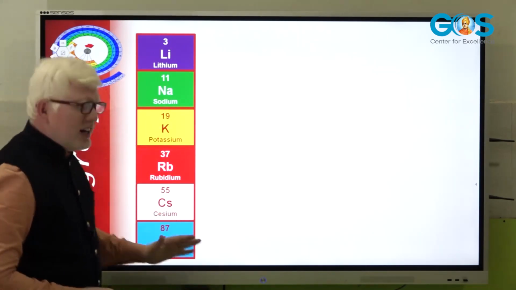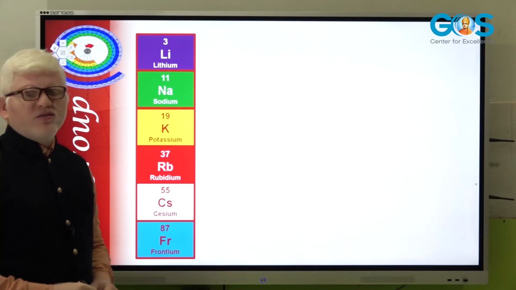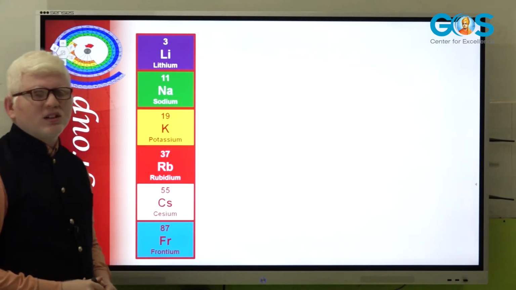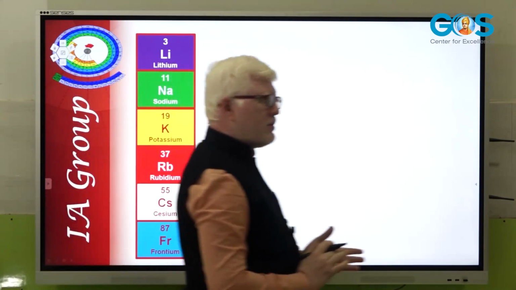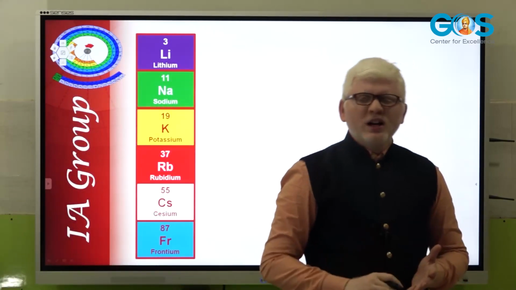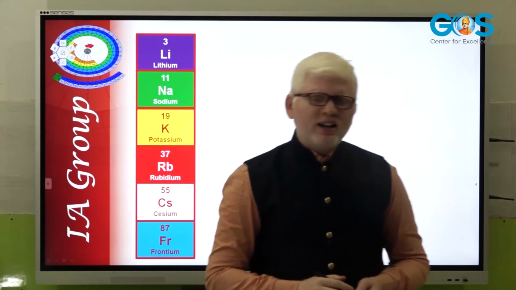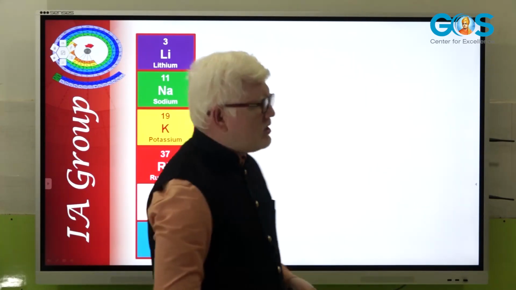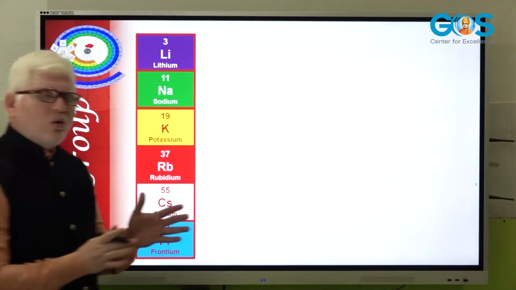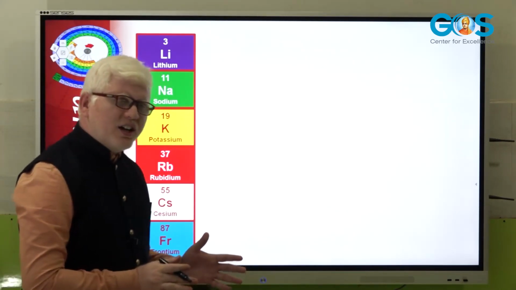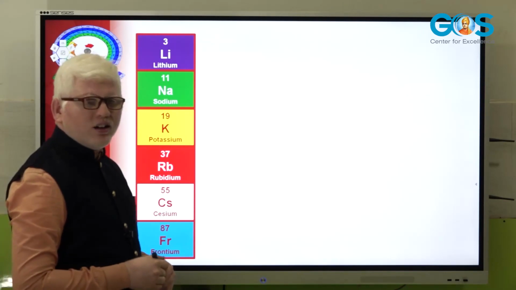Second point: what is the general valency electronic configuration of these elements? For every group you need to remember the name of the group and its general valency electronic configuration. The outermost electronic configuration is called the valency electronic configuration.